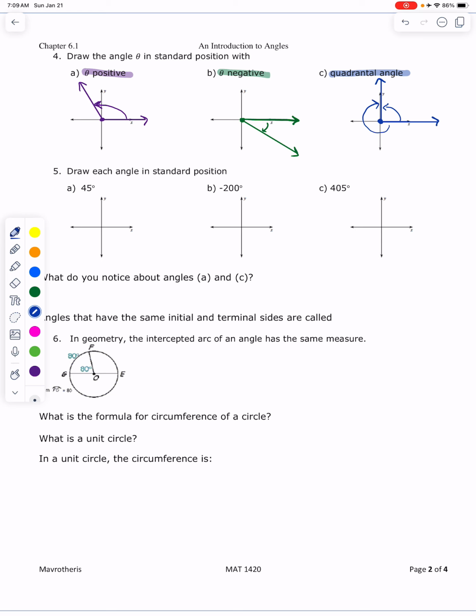Okay. Now, before we move on to 5, there are a couple of things we need to talk about. It is 360 degrees all the way around. So let's make a little note here. Here is my quickie axes.